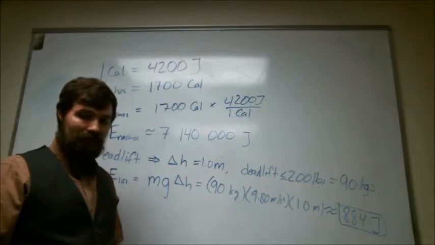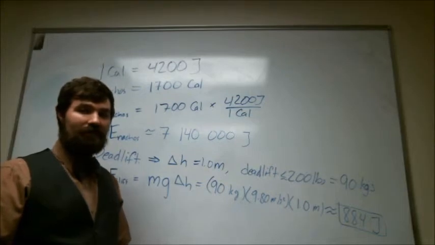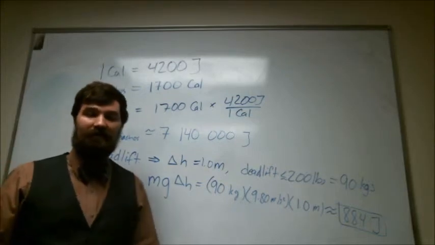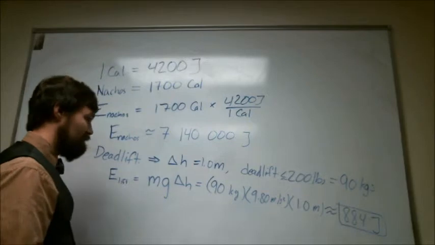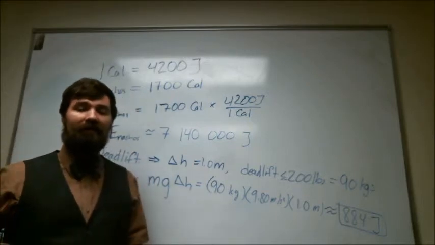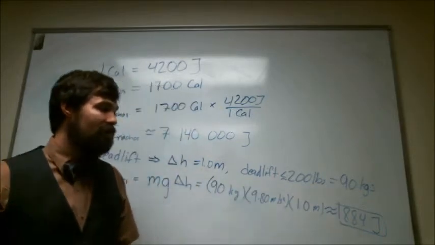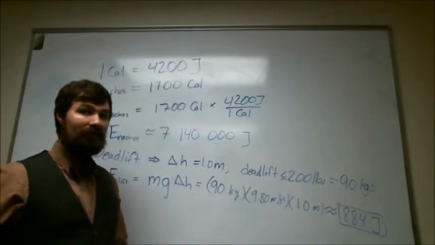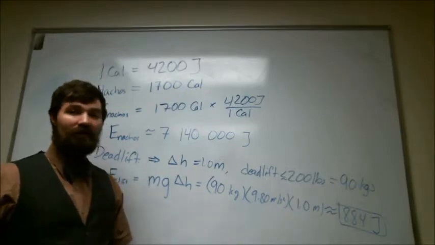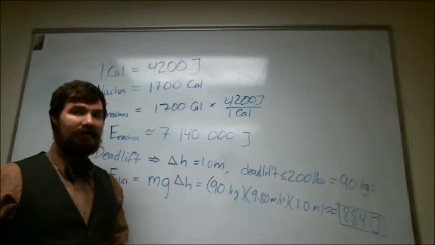And according to the Survey and Vuel textbook, muscles are about 25% efficient between the amount of energy they use and the amount of energy that they put out. So in order to muster this much energy for lifting, or in other words, to do this much work, muscles actually burn about 4 times this much energy.